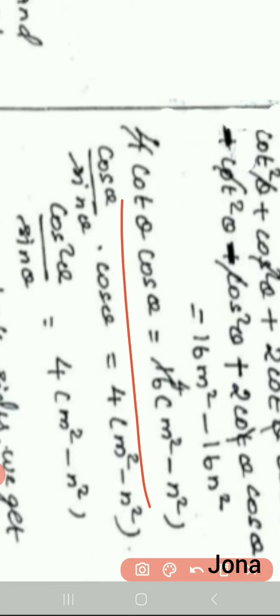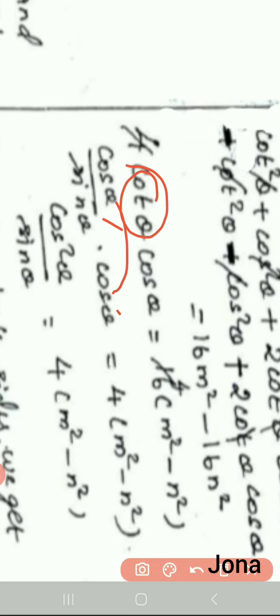And then again I want to write this cot theta as cos by sin theta into cos theta. So this cos and cos will be cos square theta divided by sin theta equal to 4 into m square minus n square. So if you square on both sides, it will be cos power 4 theta divided by sin square theta equal to 16 into m square minus n square.